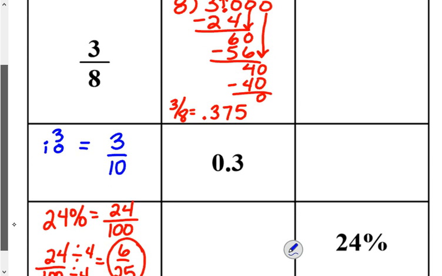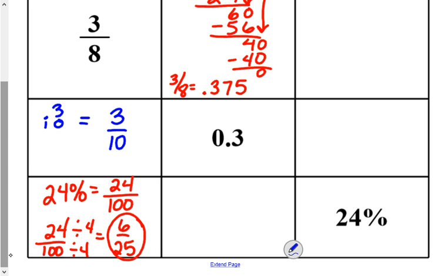What if I want to change a decimal to a percent? Well, we know again that percents are out of 100. We can think about the fraction, what fraction it makes, changing that fraction to a percentage, and things like that.